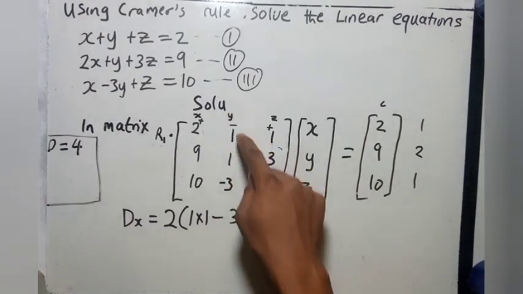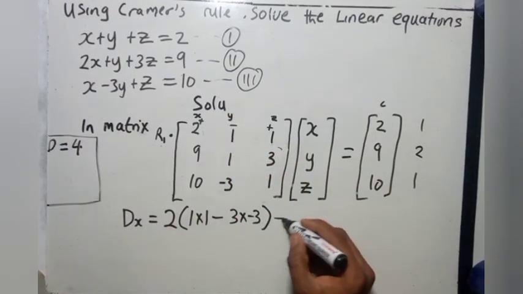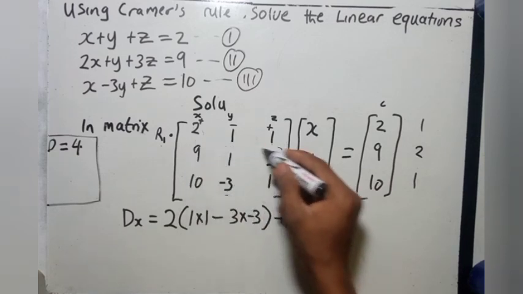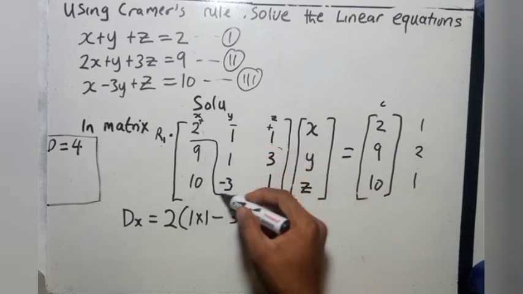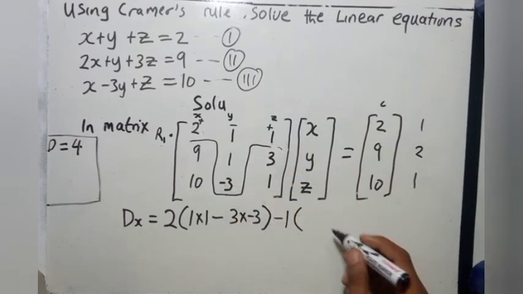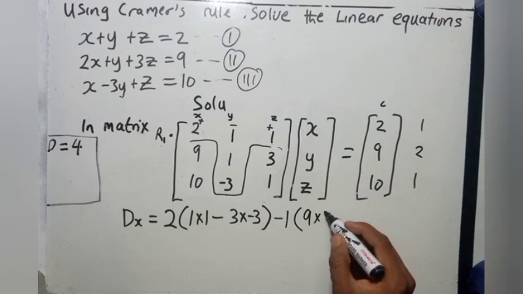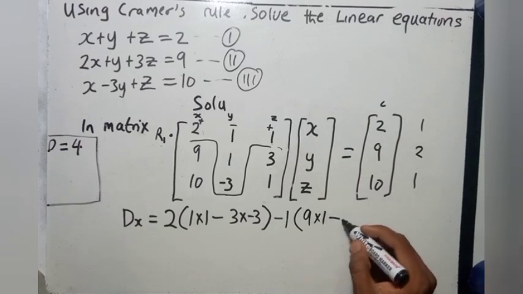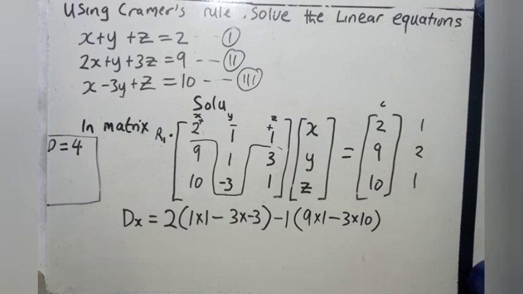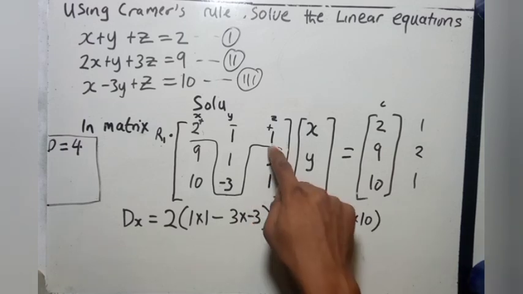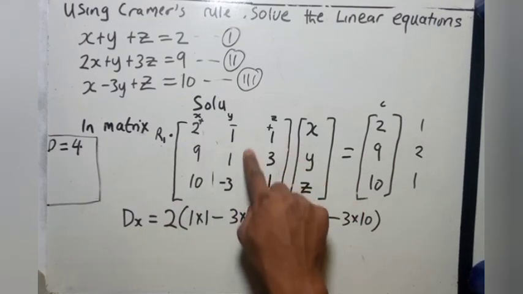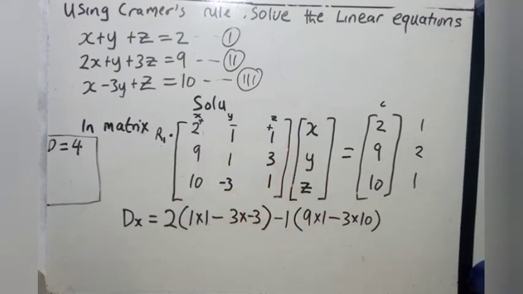For the next one, which is this one here, write it down. Now whatever doesn't fall under its row or column, we have 9, 3, 10, 1. So we have 9 times 1 minus 3 times 10. Now the next one is that of our z.